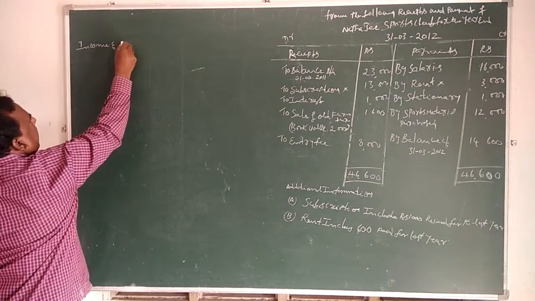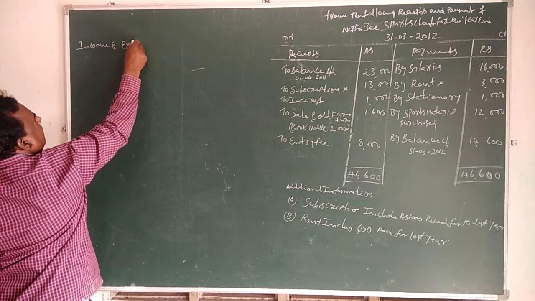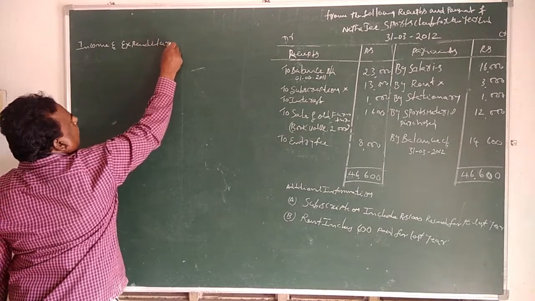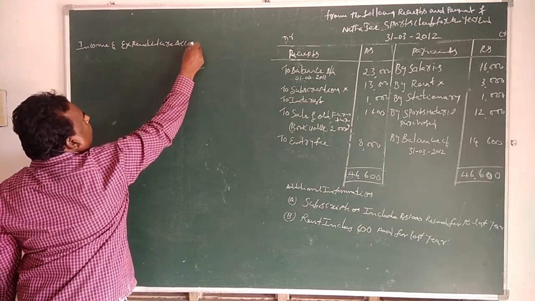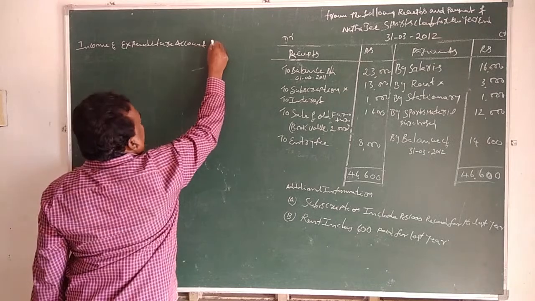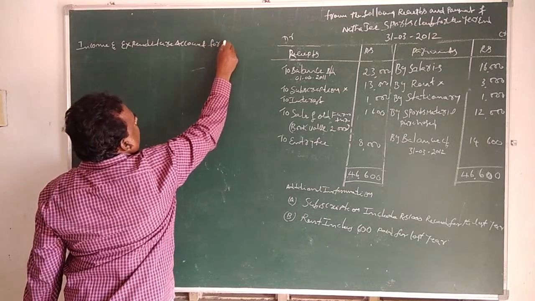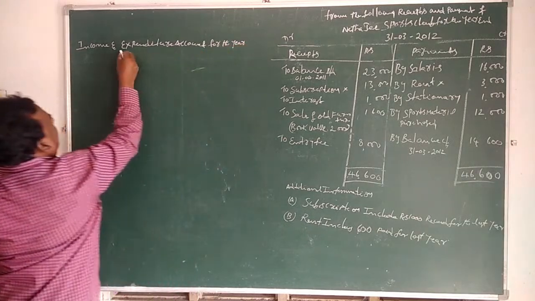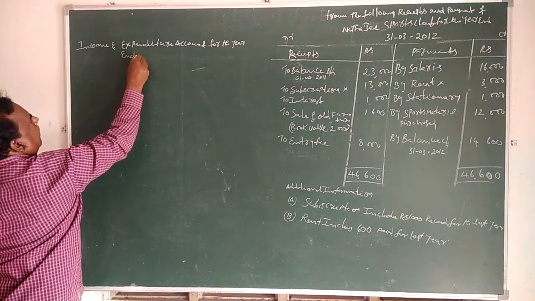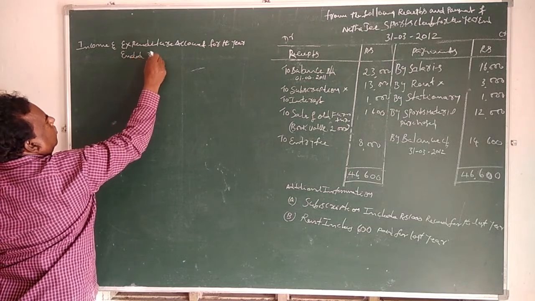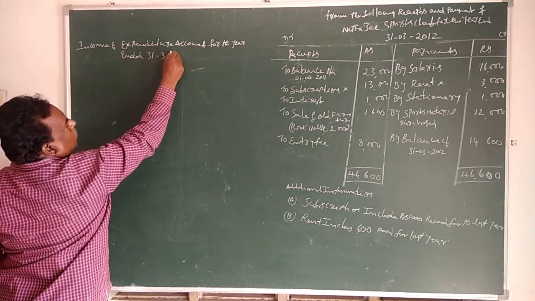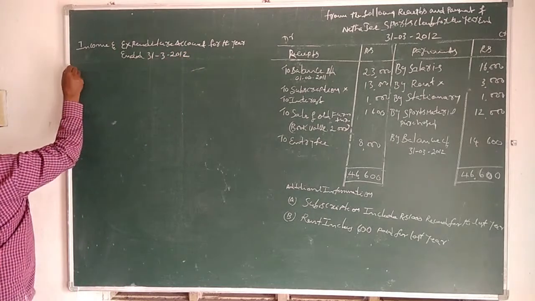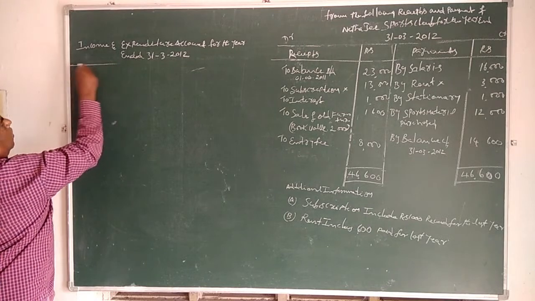Income and expenditure account for the year ended 31st March 2012.